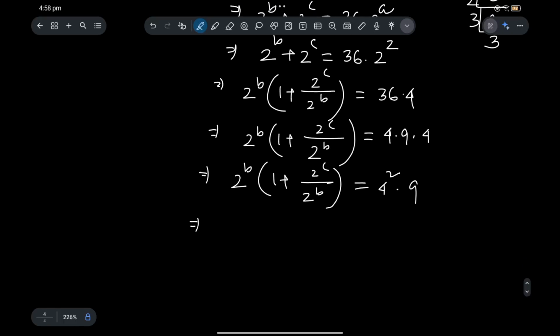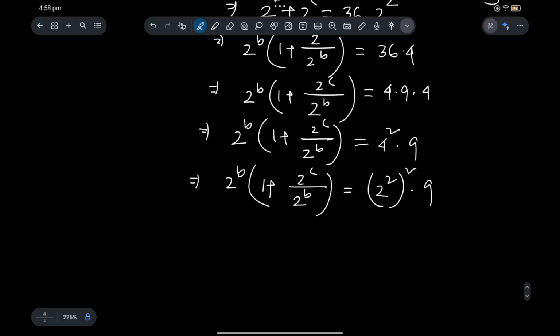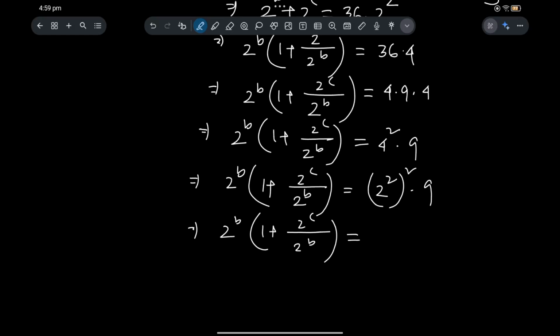Now we write again in powers of 2. 4 square can be written as a power of 2. 4 can be written as 2 square, so 2 to the power b into 1 plus 2 to the power c by 2 to the power b equals 2 to the power 4 into 9.